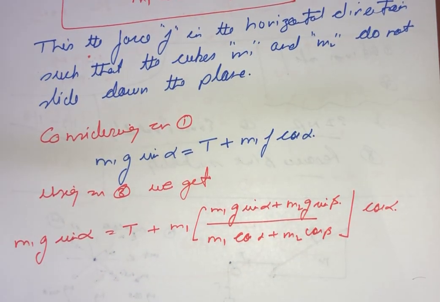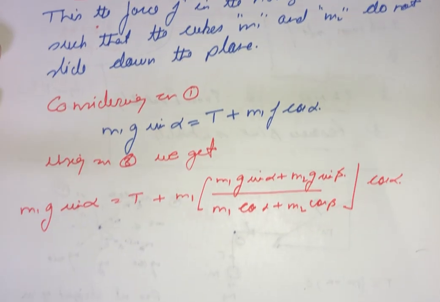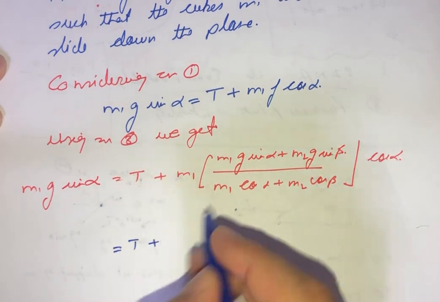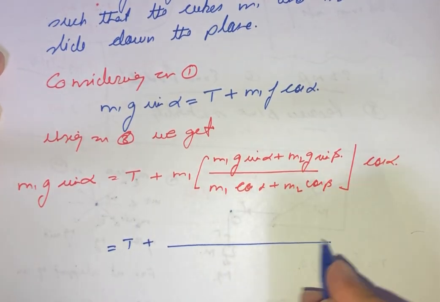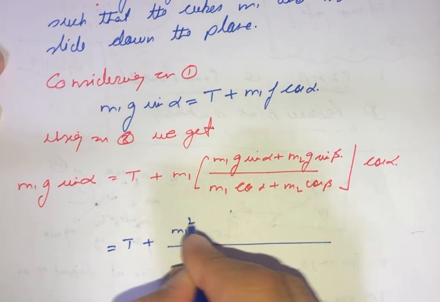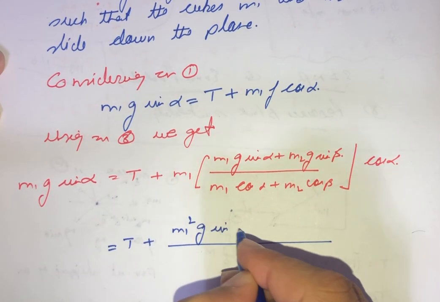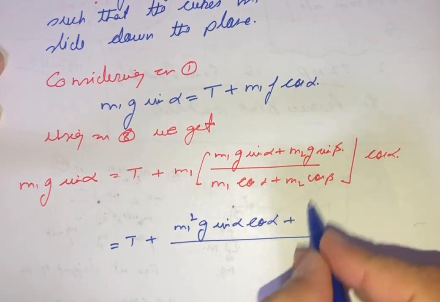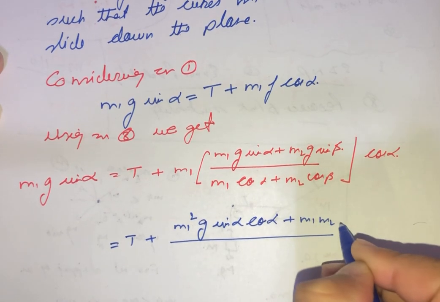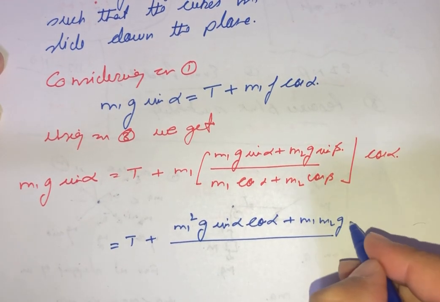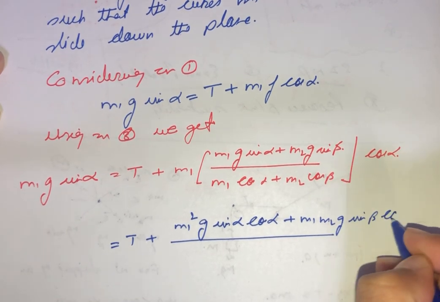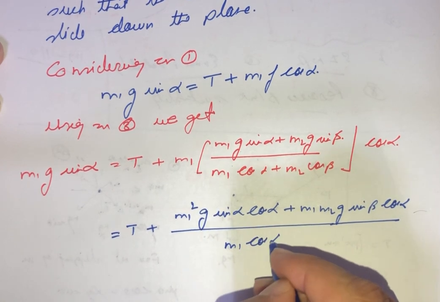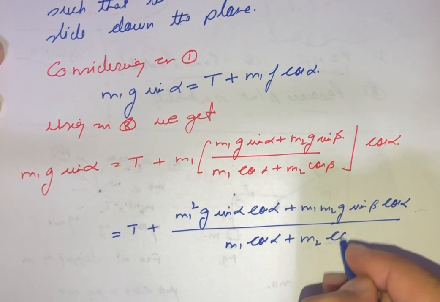Now we open the bracket, you can say this is equal to T plus, we get m1 square g sin alpha cos alpha as the first term, plus as the second term we get m1 m2 g sin beta cos alpha divided by m1 cos of alpha plus m2 cos of beta.